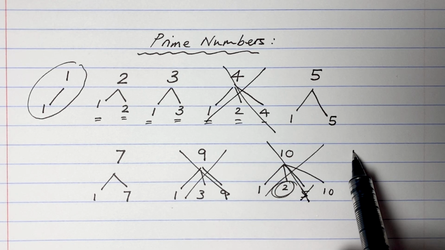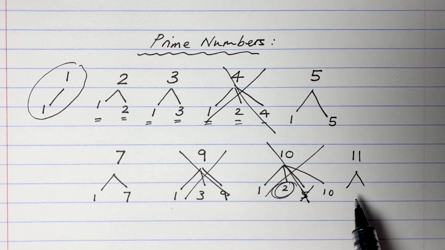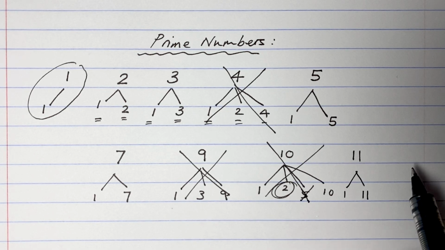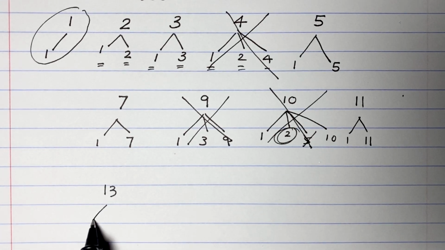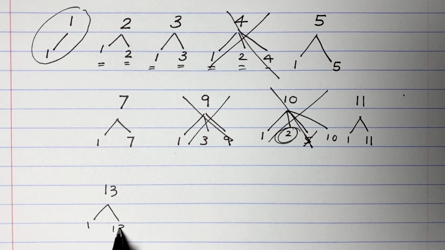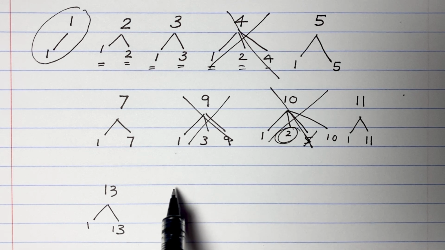The next one is 11. 1 and 11. Next one is 13. 1 and 13. 15 is not a prime number because 1, 3, 5, 15 go into it.